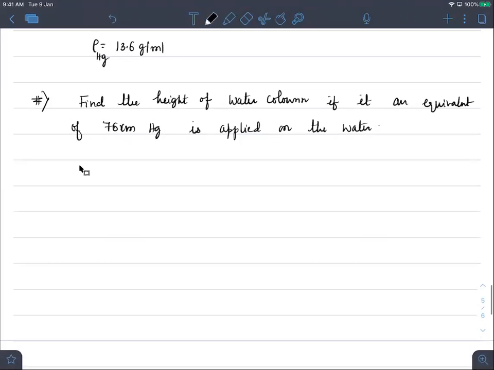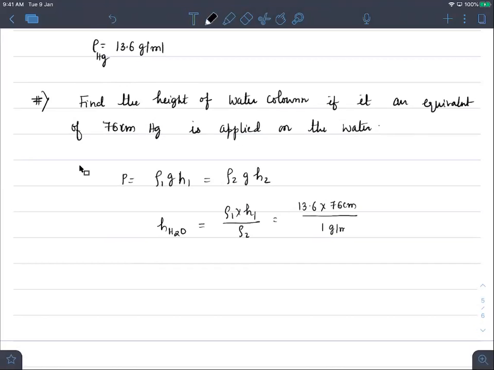Okay, beta. So in this case, if the same pressure is applied, rho 1 G H1 should be equal to rho 2 G H2. So where H2 is height of the water, that should be equal to rho 1 into H1 divided by rho 2. So rho 1, which is the density of mercury, is 13.6 into H1, which is 76 centimeters, divided by rho 2, which is 1 gram per ml, right?